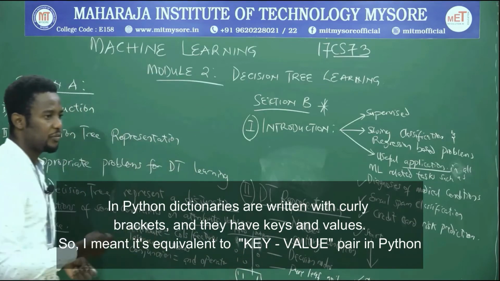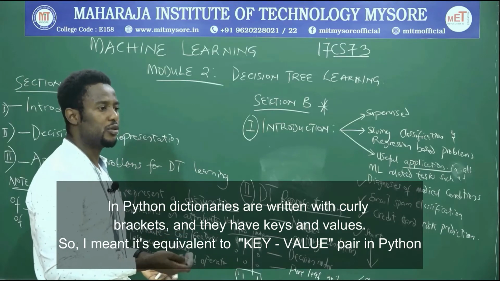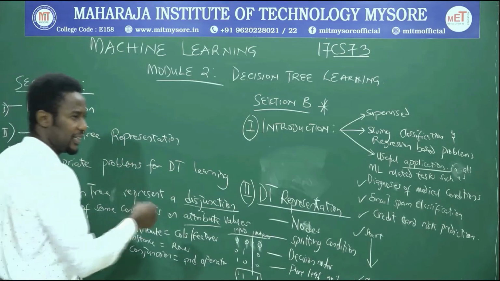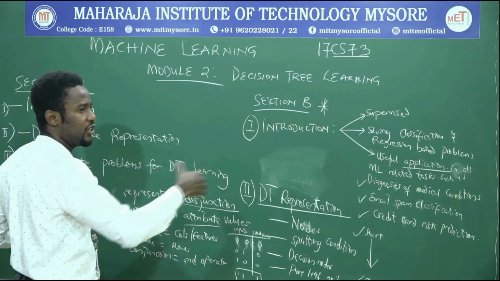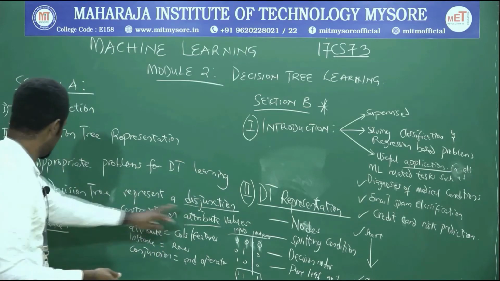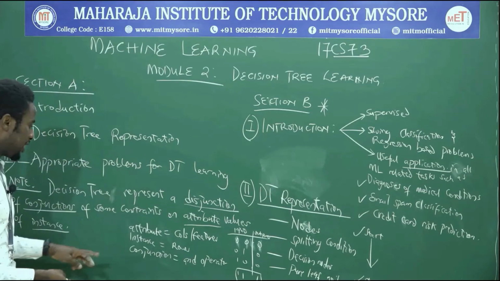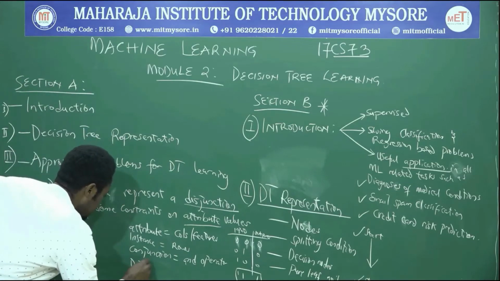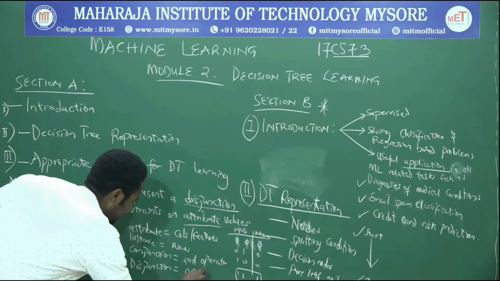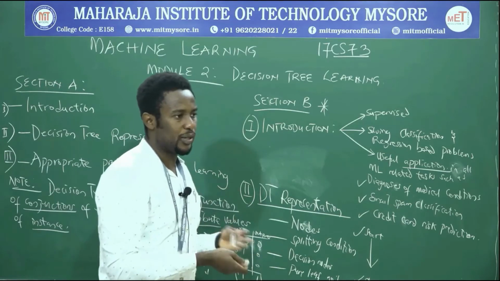So we will look into a conjunction first, internally, and then disjunction, because every tree is a disjunction of conjunctions. We will take an example and you see. So now you look at disjunction. Disjunction is equivalent to an OR operator. OR is like an additive operator, right?